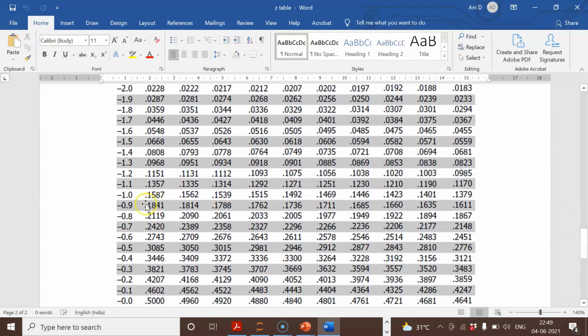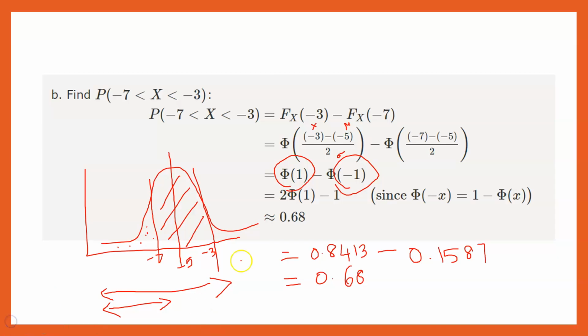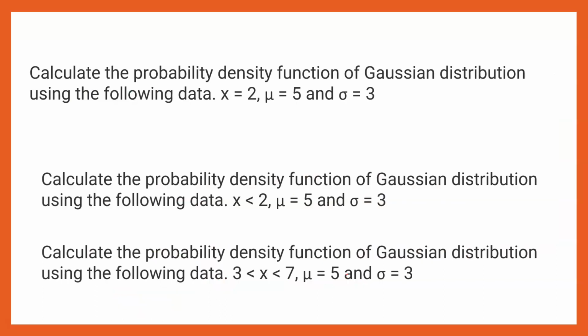It shows 0.1587. Now if you subtract these two, 0.8413 minus 0.1587, you will get around 0.6. I have rounded to 2 decimal places, hence I am getting the answer. Otherwise we may get a 6 something, tail of 0.68. Okay, let us move on to the next one.